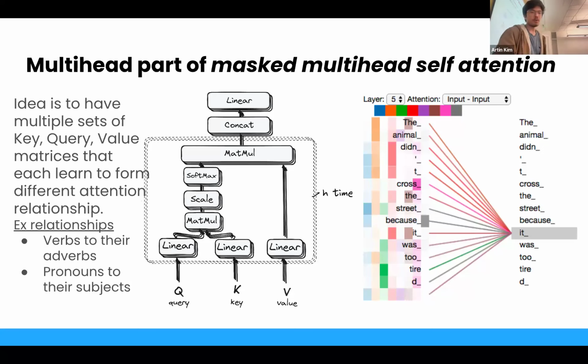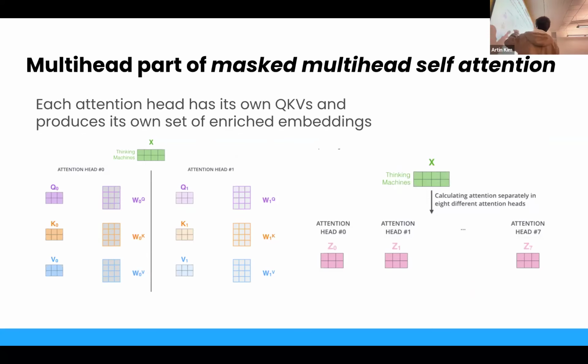So for this, you're going to have your own query, key, and value matrices, these transformations I talked about in the beginning, that do this transformation before doing all this attention. For each attention head, it pretty much has its own query, key, and value set of matrices.